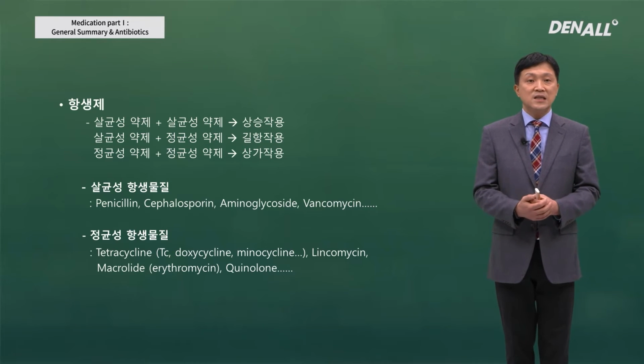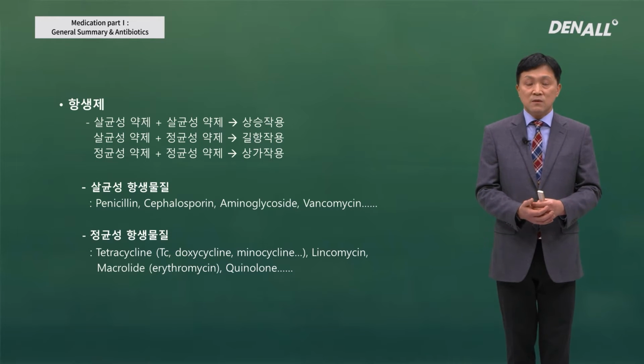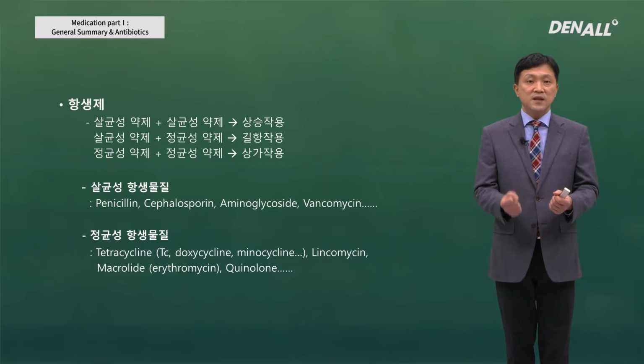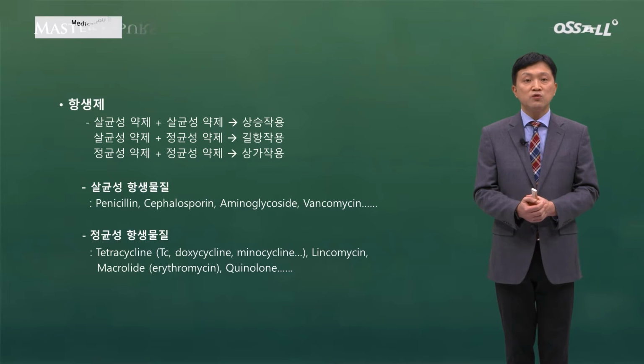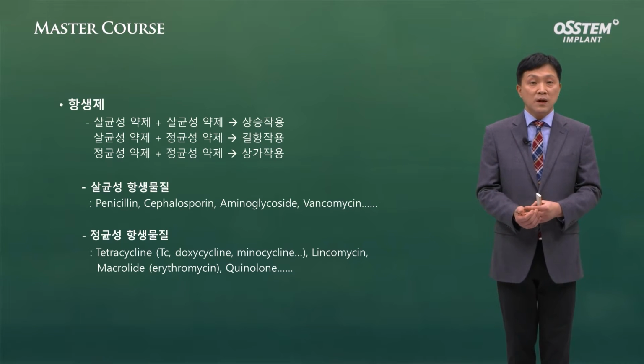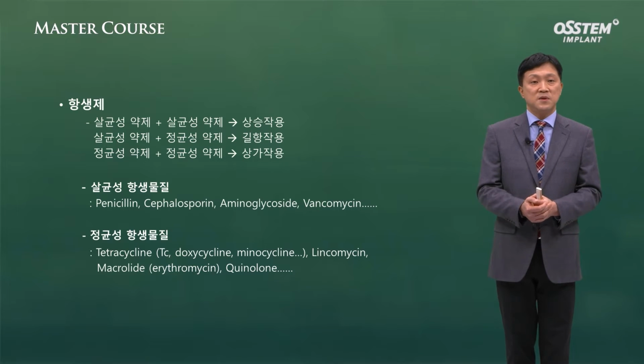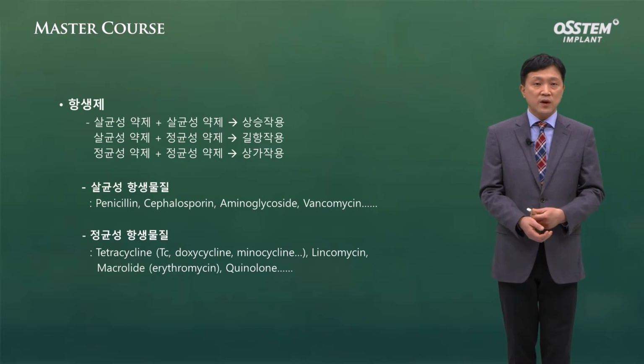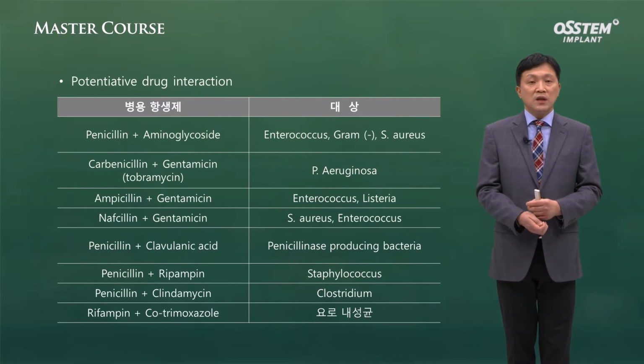When 2 of them are used, we would get potentiative effect. But when we use bactericidal and bacteriostatic agents together, antagonism would be the result, and bacteriostatic plus bacteriostatic would result in potentiative result. I will not explain bactericidal and bacteriostatic drugs as you already know.